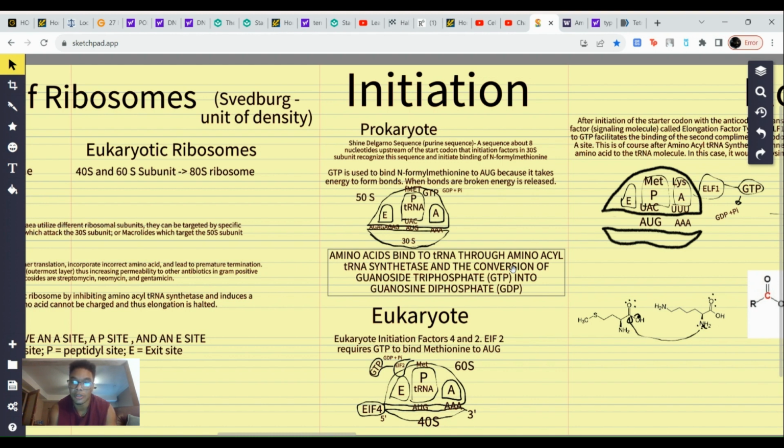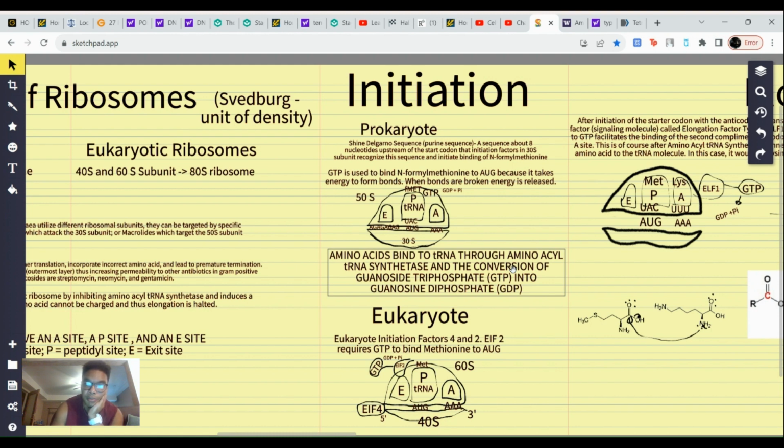Another molecule used to bind things is ATP, but in this case, it's GTP. ATP is just adenosine triphosphate. GTP is guanine triphosphate. GTP is used to bind N-formyl methionine to AUG.